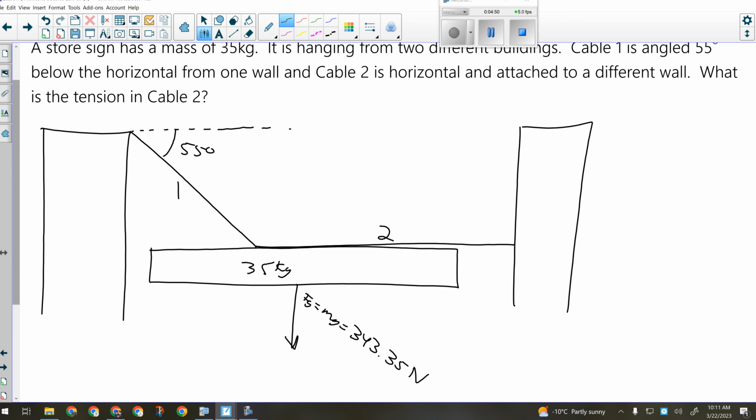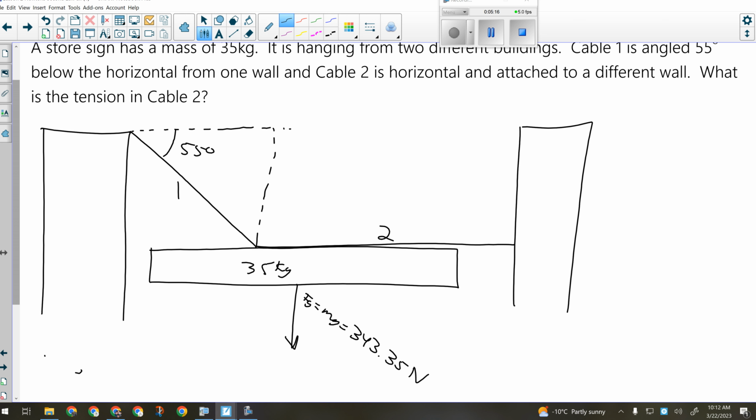So if cable 1 is the only one that can pull up, and it's angled, what part of it offsets gravity? Because it's angled, does it pull horizontally and vertically? Okay, I know that angle.